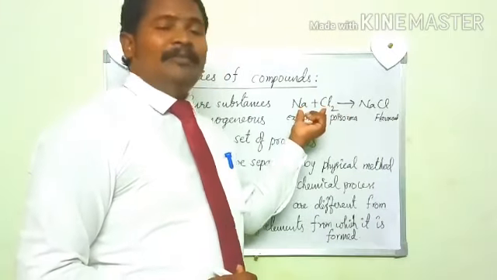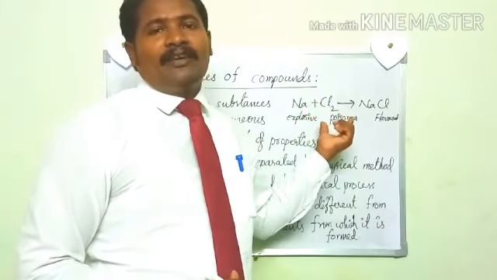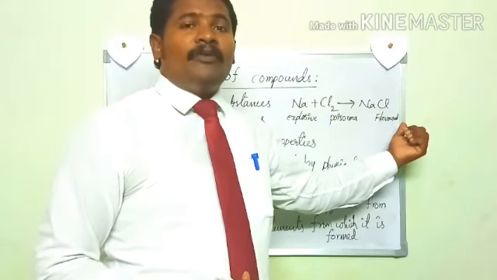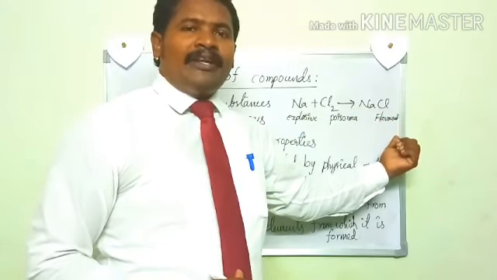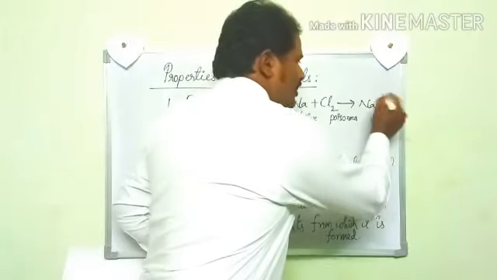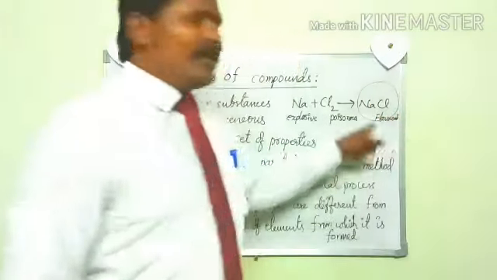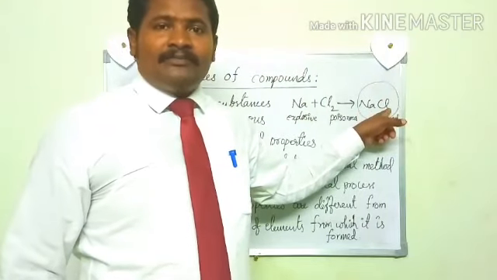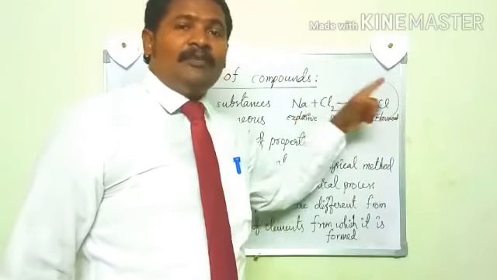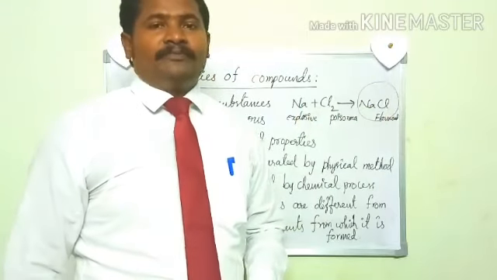Sodium and chlorine are the two elements, and from these two elements the compound sodium chloride is formed. Now, how are the properties of sodium chloride different from the properties of sodium and the properties of chlorine?